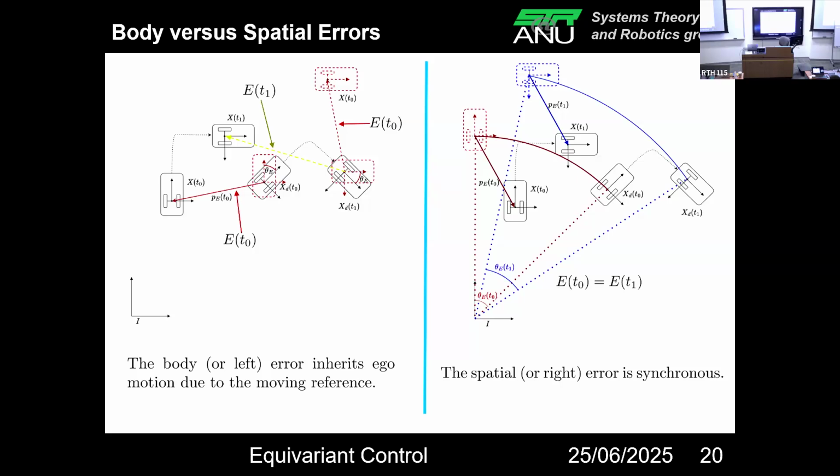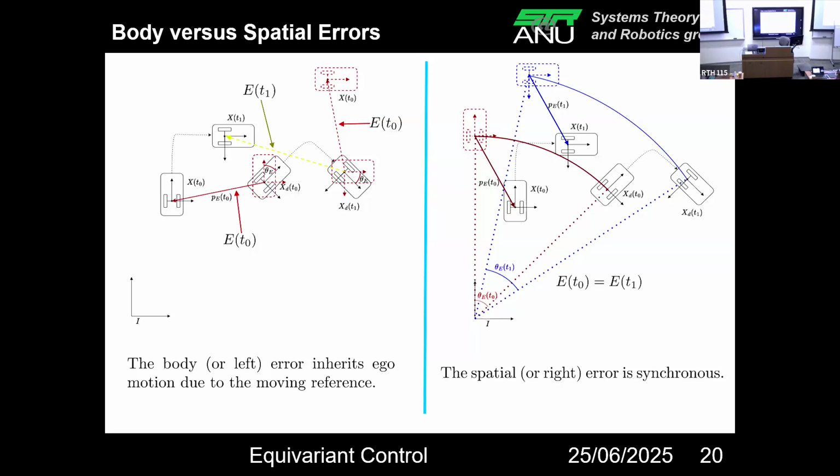But this is the right invariant error. You can see this is what we just saw before. You rotate and translate. I move, and now magically, I rotate and translate, and you end up in exactly the position where it's gone to. So that's graphically showing you that property that if you pick this error in this particular way, it preserves the transformation.